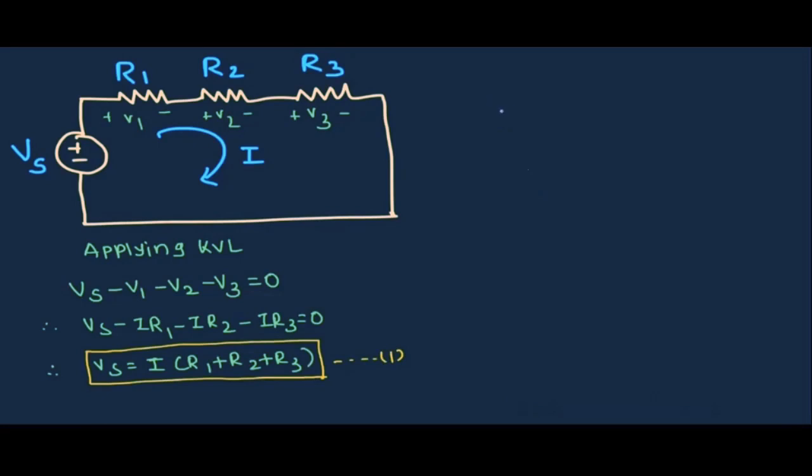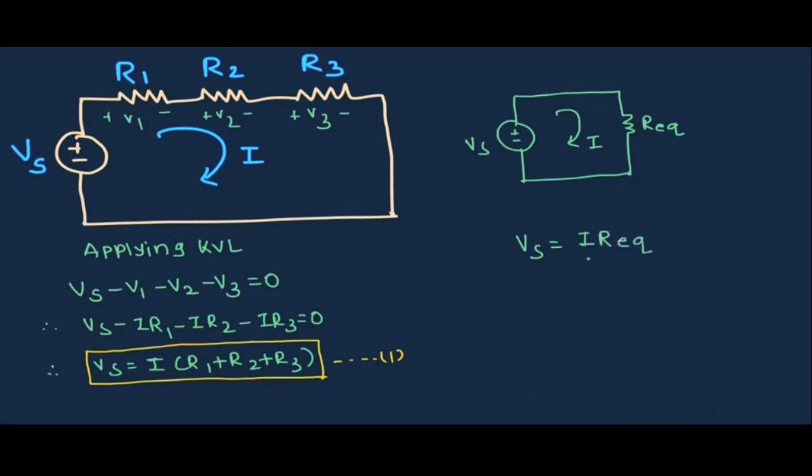Now if we replace these three resistors by their equivalent resistance, then the circuit will have one voltage source Vs which is connected with an equivalent resistance. Let's say that is R equivalent, and the current I flowing through the circuit will remain the same. So we can write Vs as I into R equivalent.